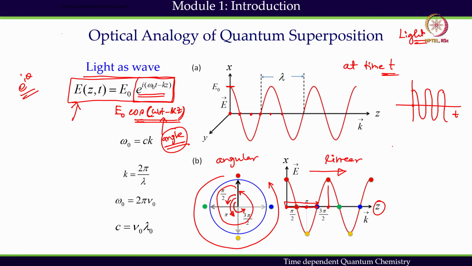This kz is the term which is controlling the linear advancement. If I advance z plus lambda, the total wavelength, then the angular advancement would be kz plus 2 pi.